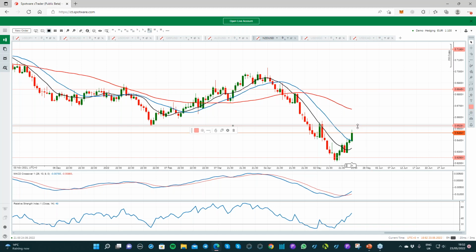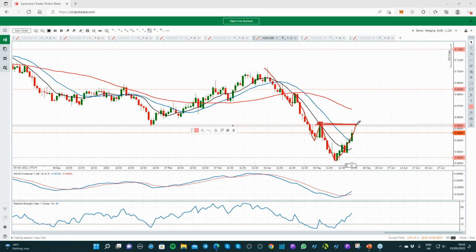Having said that, that is almost 100% retracement in terms of where price came from here. So here's my downtrend. If price pulls back all the way up to that level, that is pretty much a 100% retracement.